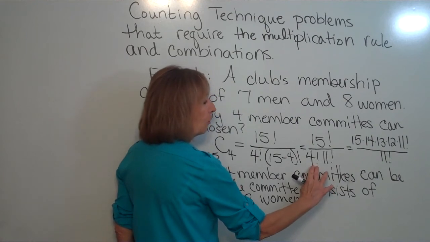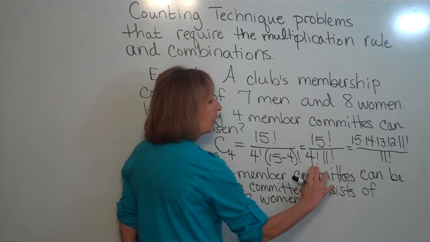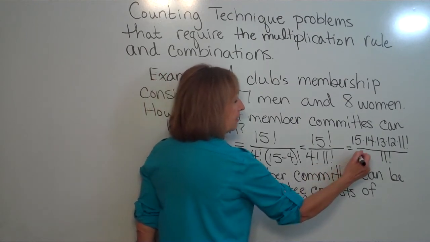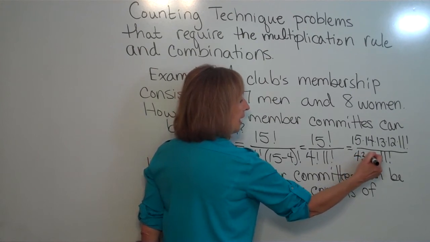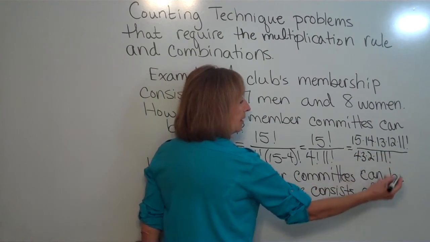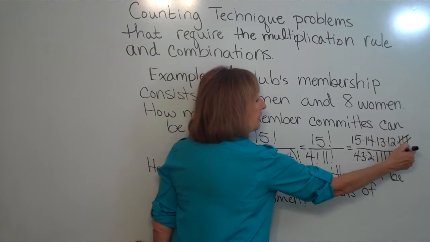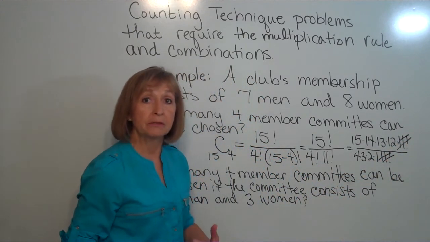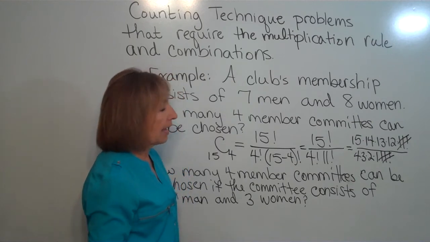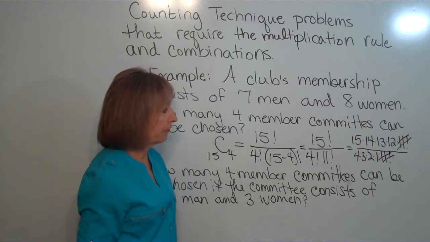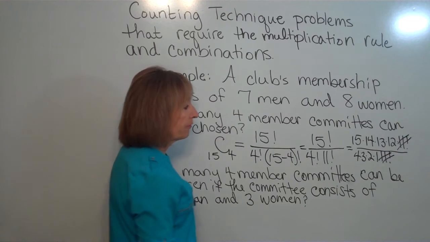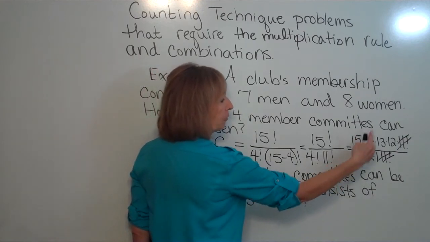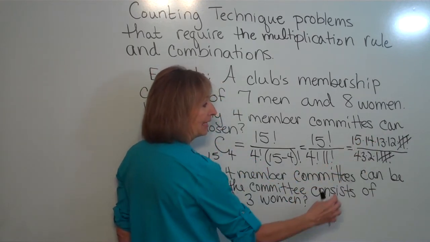So it's all multiplication and they're all common factor pairs, so I'll be able to remove those common factor pairs together. Now this 4 factorial, I need to actually write out. That is 4 times 3 times 2 times 1, since when I remove the common factor pair of the 11 factorials, the factorial notation is gone. So I need to make sure I have the separate factors that I can simplify. In simplifying these, you want to find common factor pairs between the numerator and the denominator.